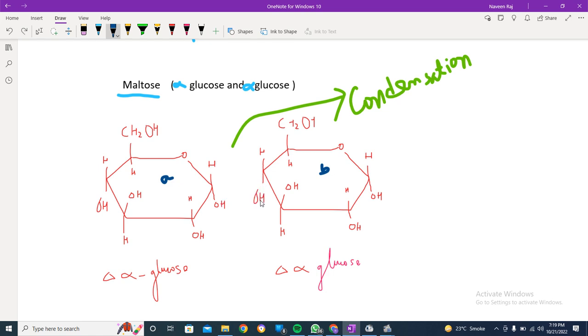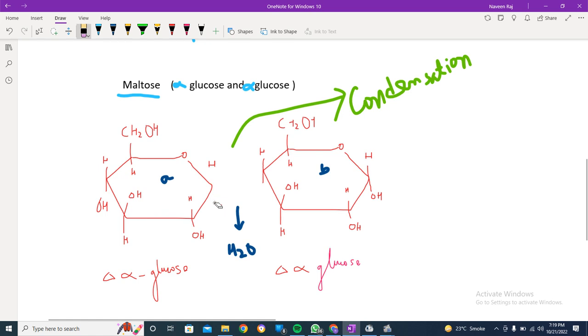I am repeating this again, do note this in your notes. H gone from first, OH gone from second. They combine and form water, H2O.